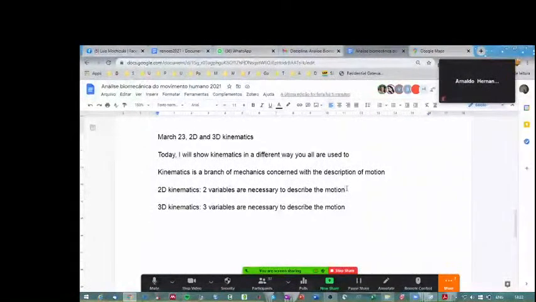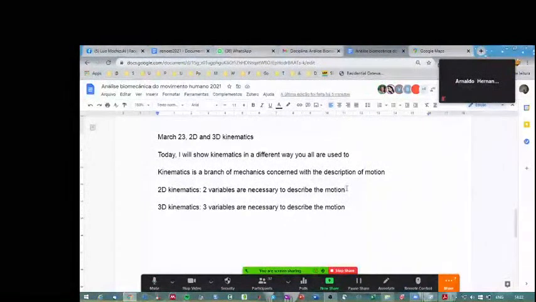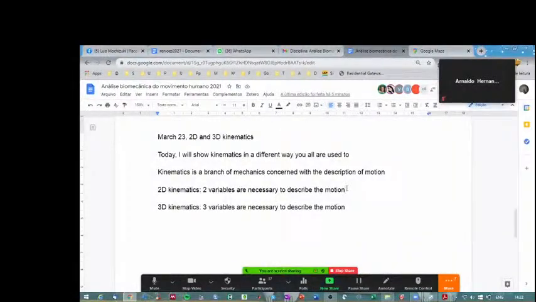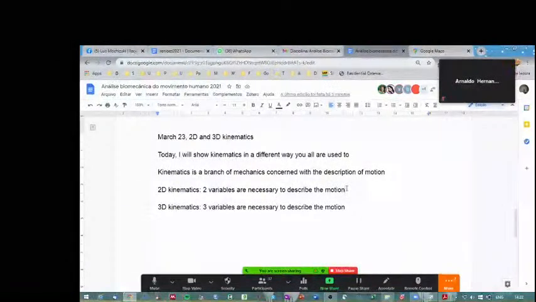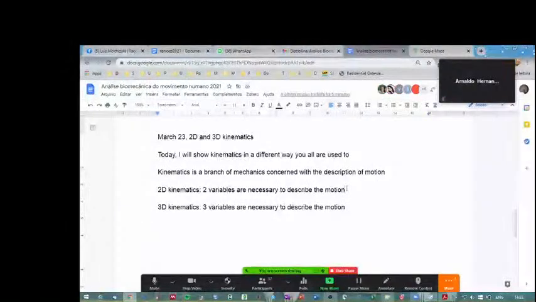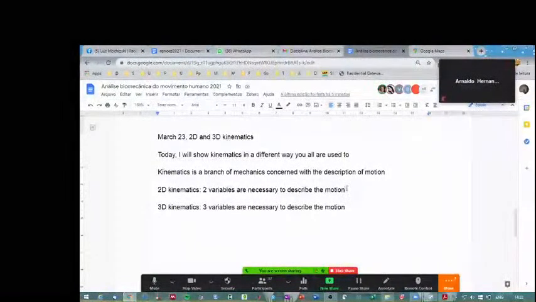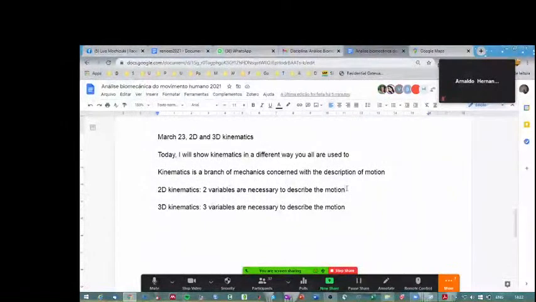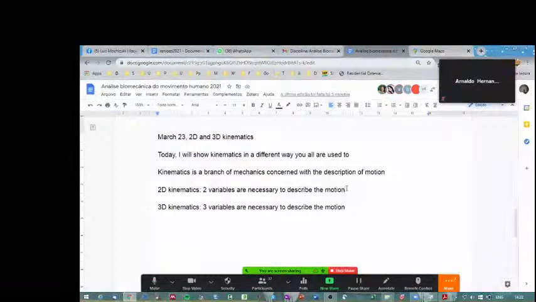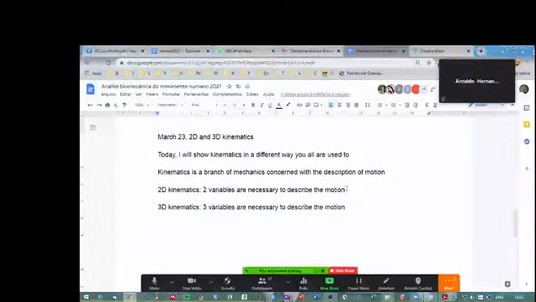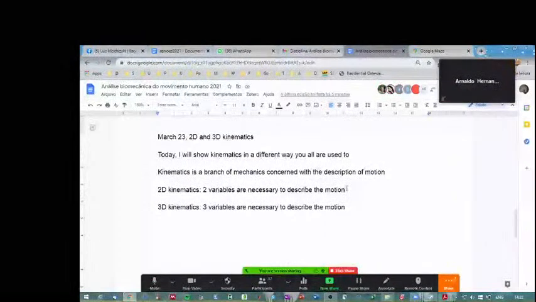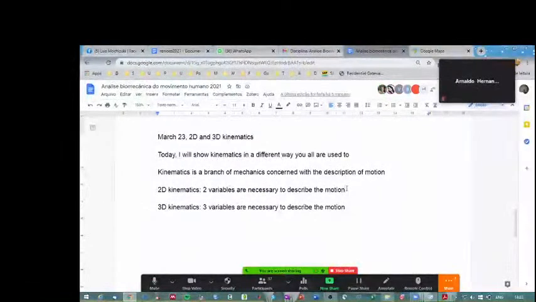When we talk about 2D kinematics, we need to think about two variables that can describe the motion. Sometimes these two coordinates can be, in the Cartesian system, x and y. But sometimes they can be one number and one angle, or even two angles.